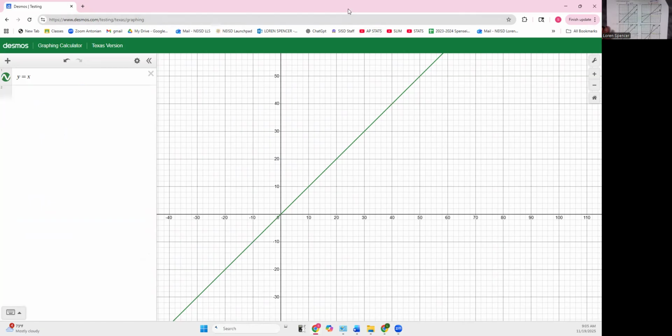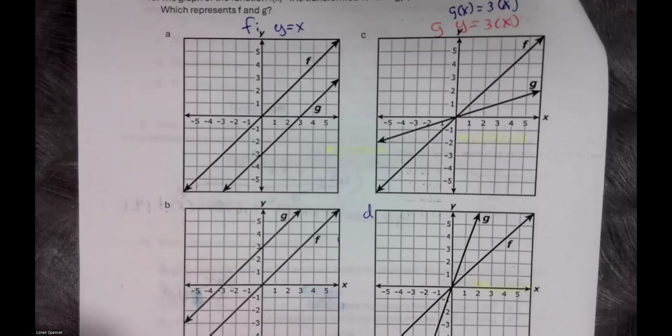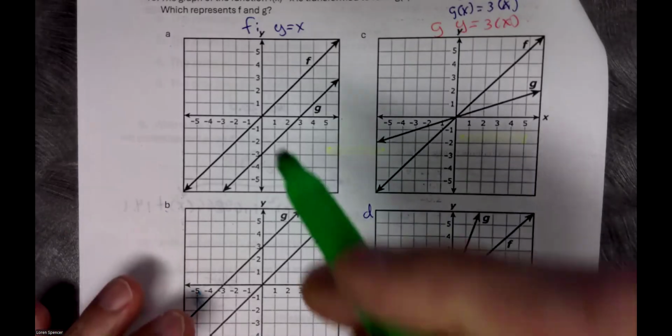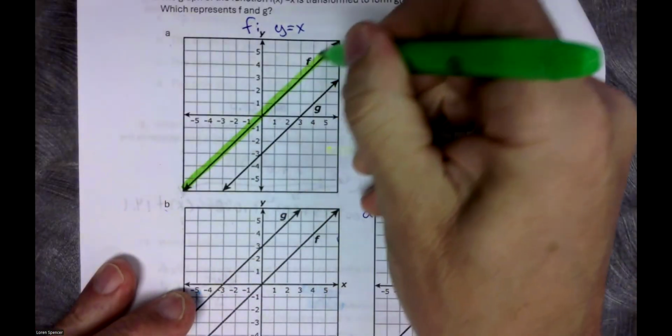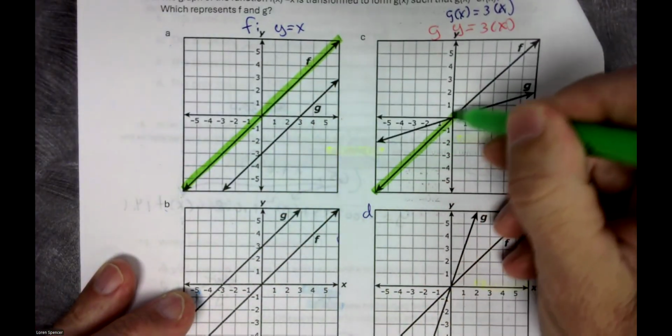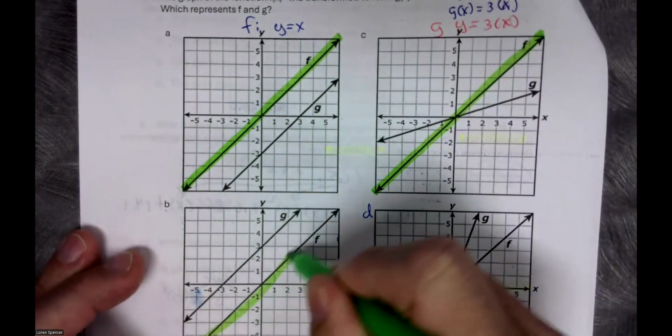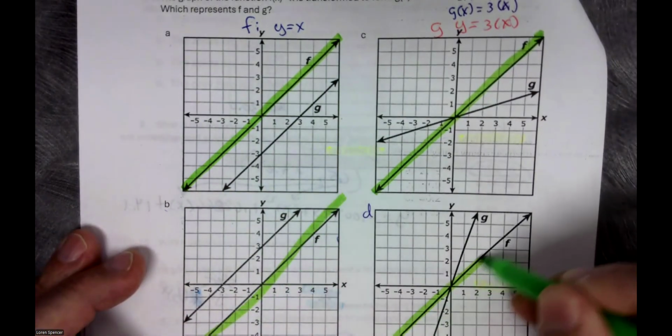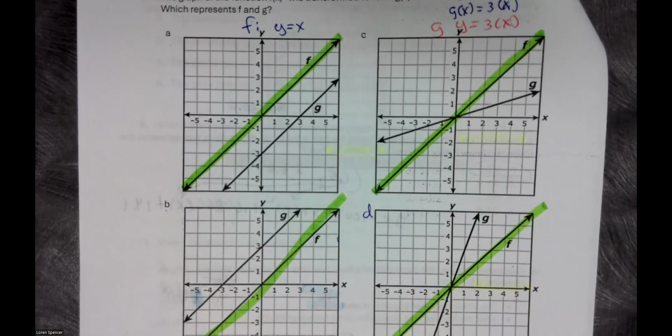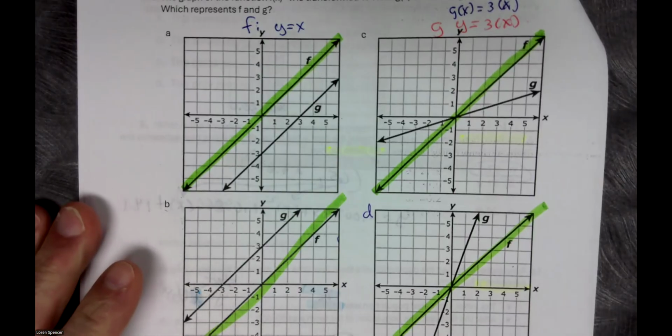So I'm going to stop my share for just a second and notice that on my graph, f has to go through 0, 0. Well, that means this is f. Well, the f's matched exactly, so we'll leave that alone. It didn't tell us a whole lot. Now we need to place our g.